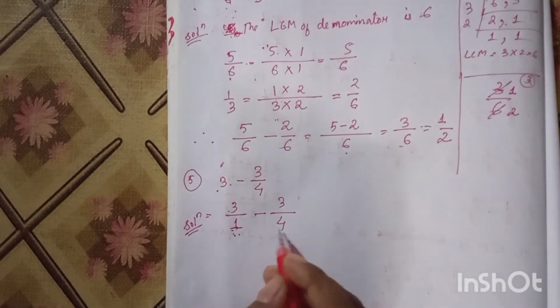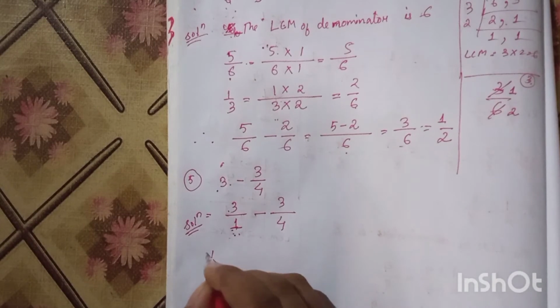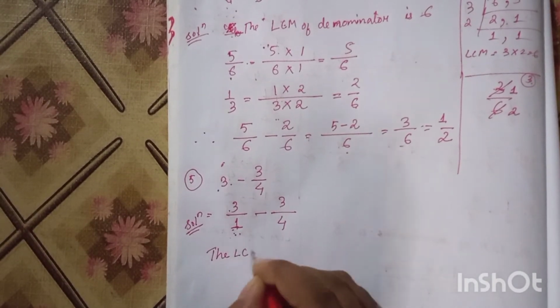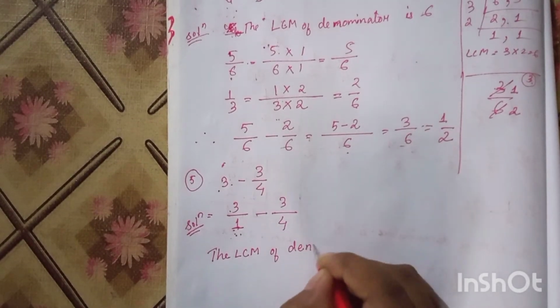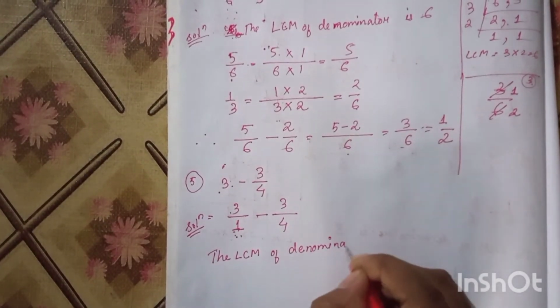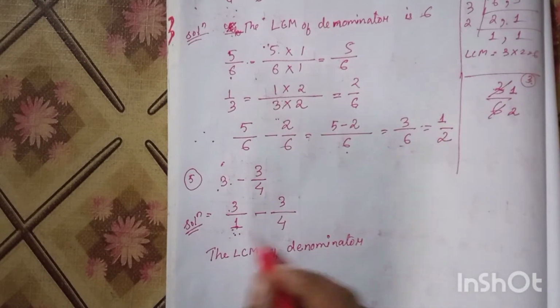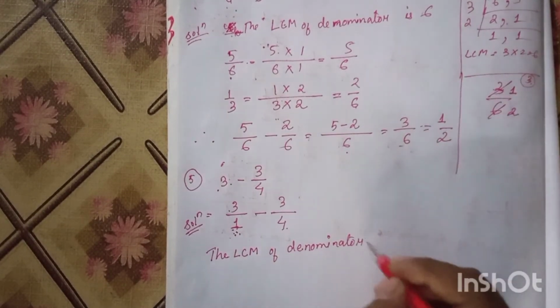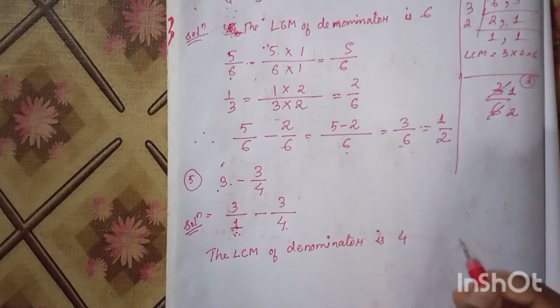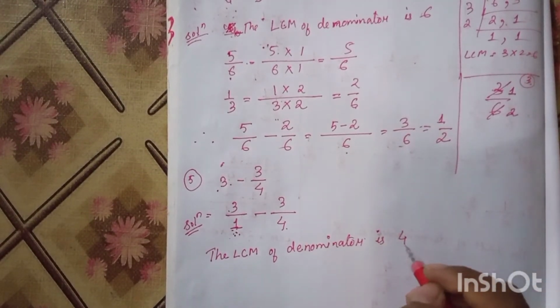As you can see there, we have to find the LCM of the denominators. If there is 1 and the other number is something else, then the other number is the LCM.